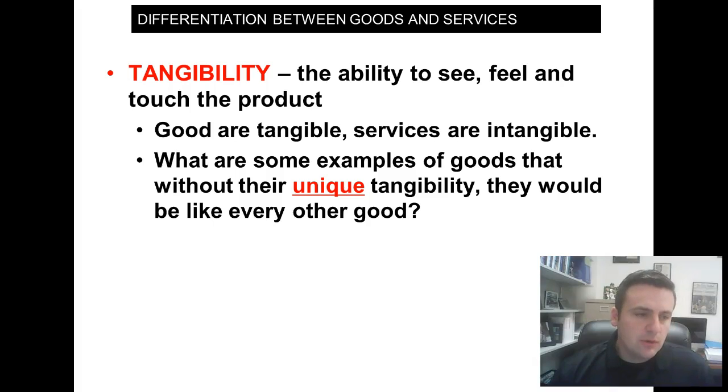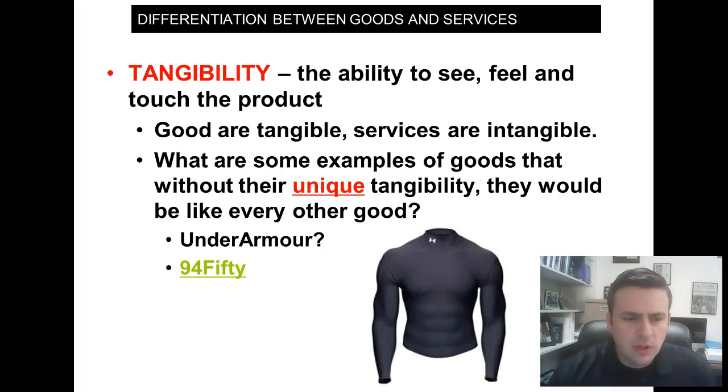And so there are some goods that might say, without the unique characteristics or the unique tangibility of the product, it would be like any other product. Looking at a good that might be unique because of the tangibility of the product, first thing that comes to mind is Under Armour, and their dry fit.